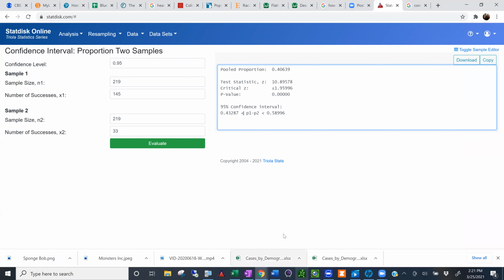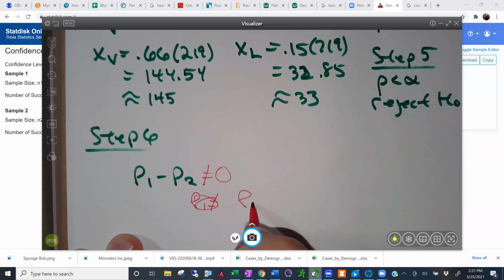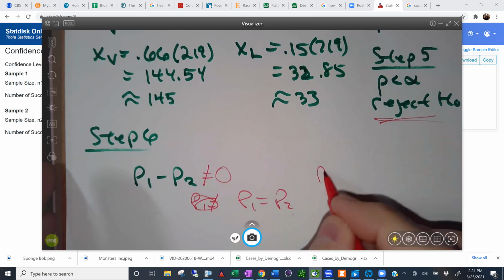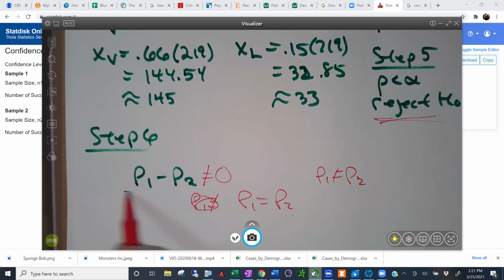And what that's saying is that this is not a possibility. That can't be. But guess what? We rejected H0. We don't think that H0 is true. So if that's not true, then we're saying that P1 is different than P2. And your confidence interval shouldn't include 0.